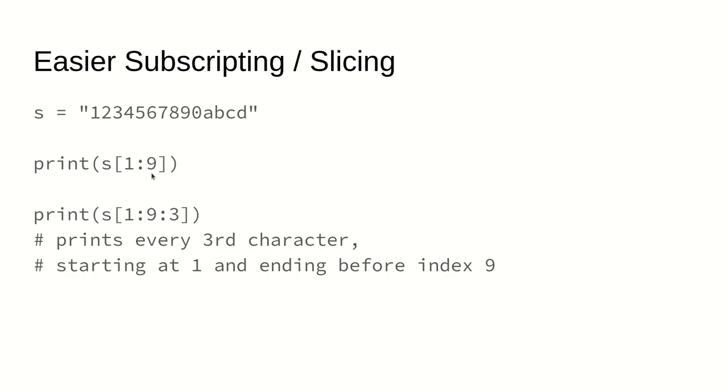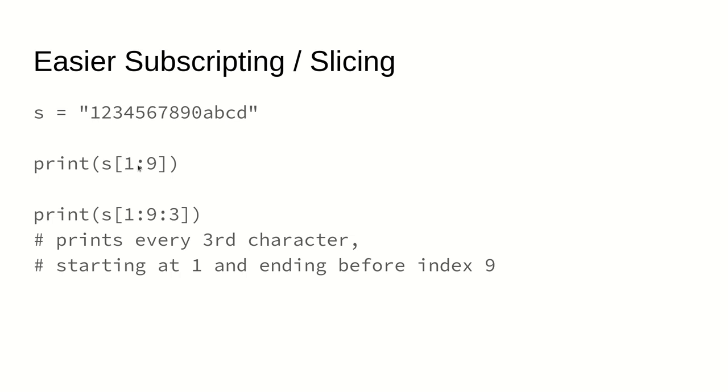We saw that we can do slicing in strings, just like we could do slicing in lists. And it's worth taking a moment to look at some other ways that we can do slicing. So you've seen the slicing where we give a start index and an end index.